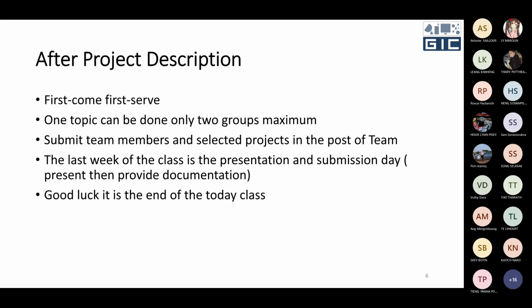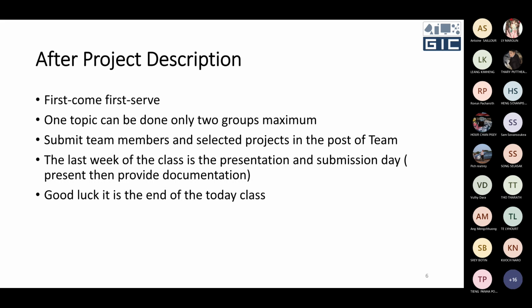So this week until 5 o'clock, I spent so much time talking to everyone, so you will have less time to build your group and find the topic. Lastly, today at 5 o'clock, you submit your team members and the project. You have 1 week to make the task divisions and submit. During this week, you can submit anytime.